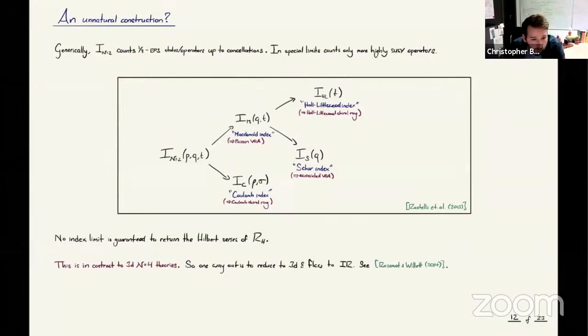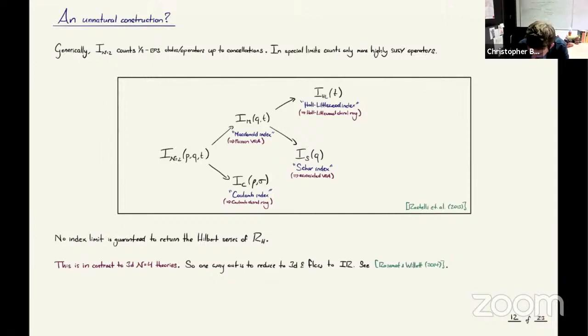In three-dimensional N=4 theories that also have Higgs branches and also have Higgs branch chiral rings, there is an analogous thing called the superconformal index, which is an S2 times S1 partition function. And you can take a limit of that so that you get on the nose the Hilbert series of the Higgs branch. So the 4D theory feels differently about the Higgs branch chiral ring than the 3D theory.